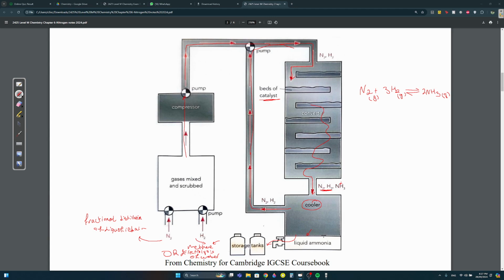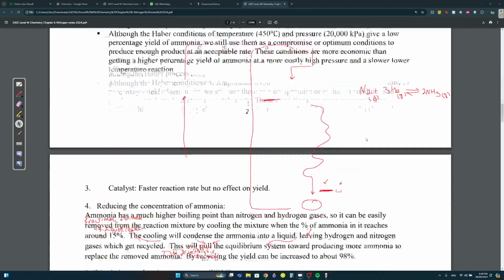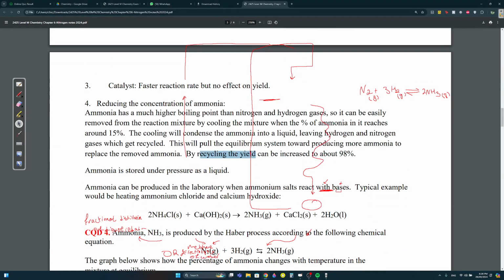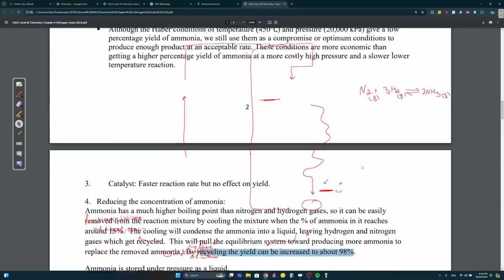You're going to have leftover reactants. If we cool it down, only the NH3 will leave. These two will stay in, and that way we can send them back up again so they go through the reaction again. Every time there are leftover reactants, this is how they call it recycling. And this recycling process is written here: by recycling, the yield can be increased to about 98%.